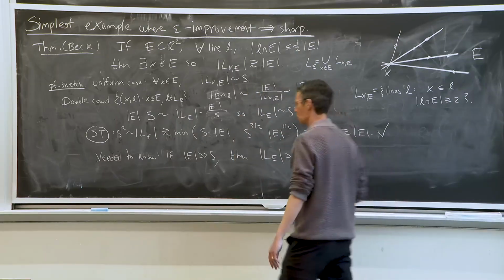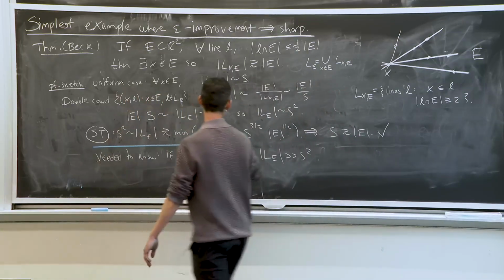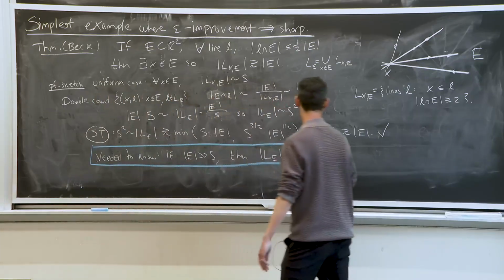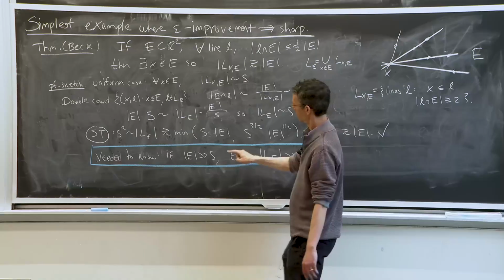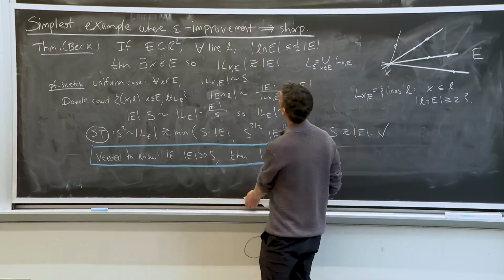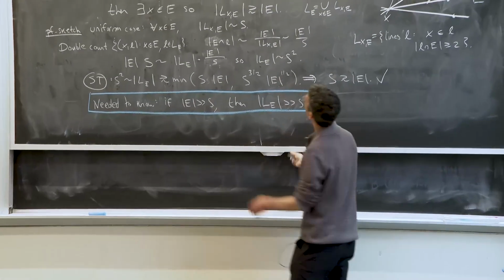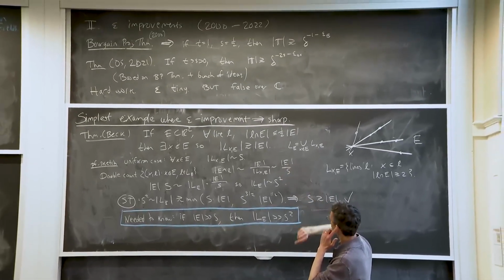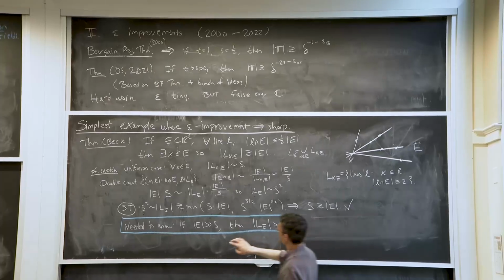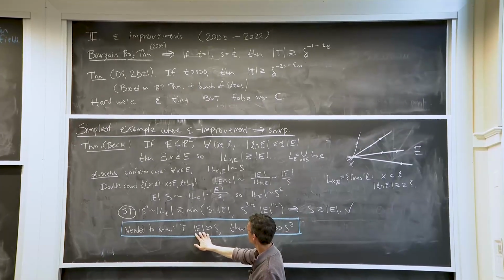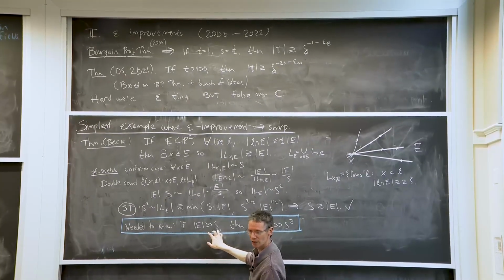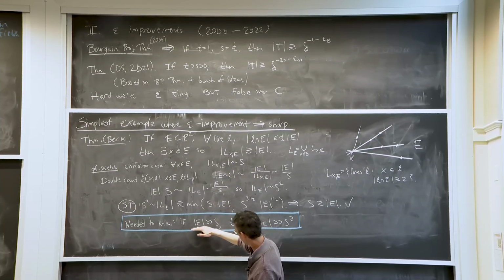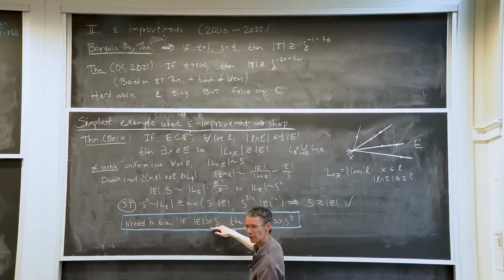OK. So this thing that we needed to know is very similar to the Orponen-Shmerkin theorem. Right. E is much bigger. So now let's look up at that Orponen-Shmerkin theorem. It says if T is bigger than S, which is bigger than 0, so T is measuring the size of our set E, and little s corresponds to big S. So that first hypothesis is saying that the set is much bigger than the number of directions.